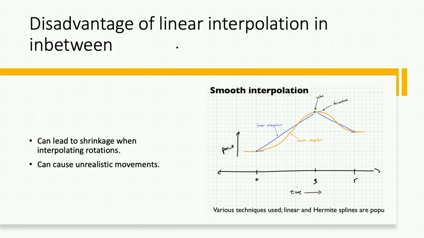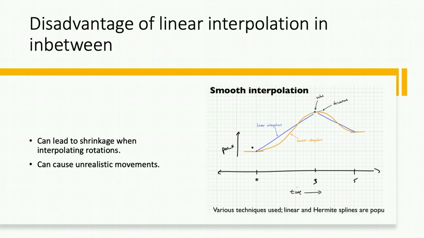It really depends on what kind of movement you want to make in your animation. If you apply linear interpolation to all animation, it may lead to shrinkage when interpolating rotation, and it can also cause unrealistic movement.